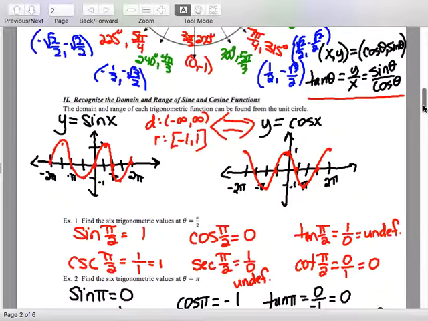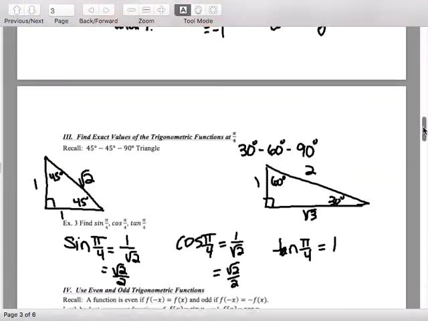If you take your paper and flip it completely upside down, it's the same, right? That's called origin symmetry. Now, look at the cosine graph. If you were to imagine folding the graph on the y-axis, what happens to this cosine graph? It matches up, right? That's called y-axis symmetry.